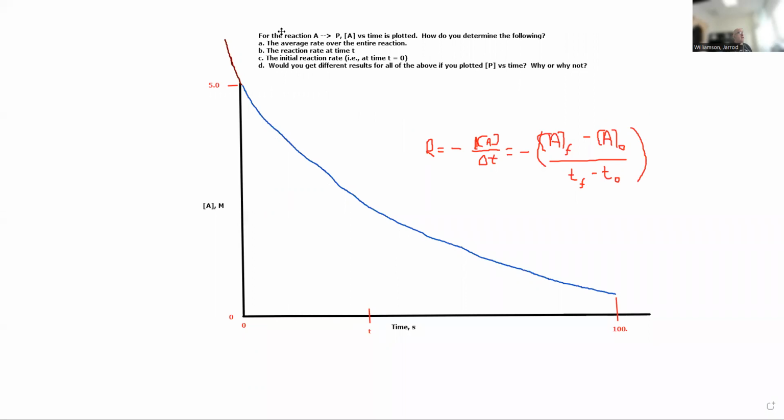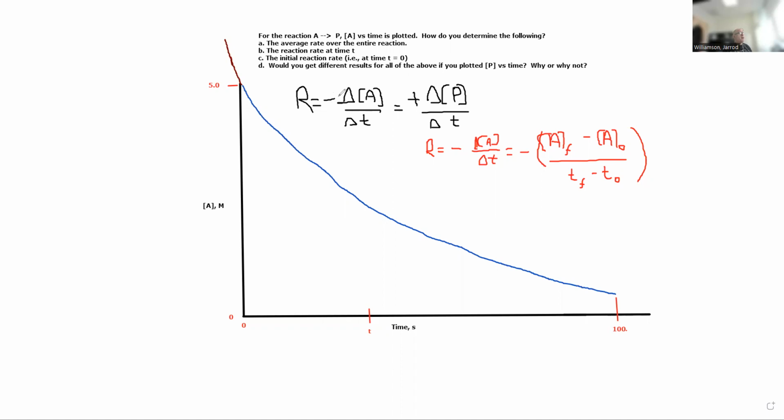The reason for that is because here, if I write down the definition of rate, the rate will be equal to minus delta A over delta T, which will be equal to positive delta P over delta T. And it's one-to-one stoichiometry.